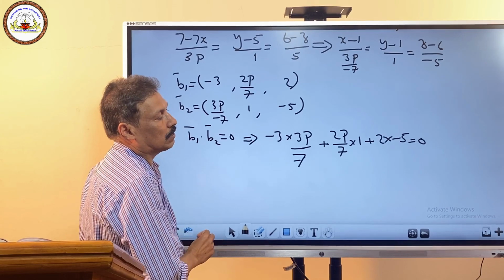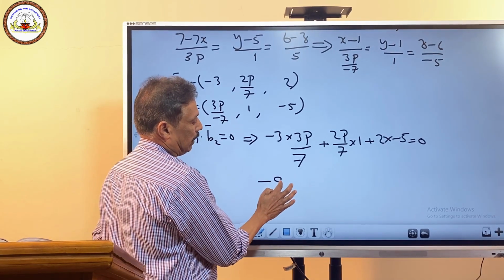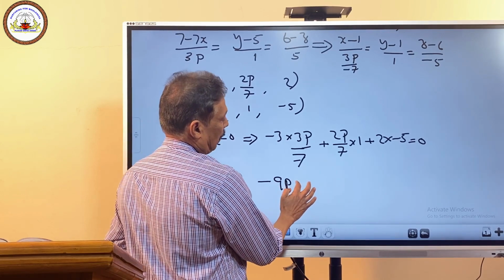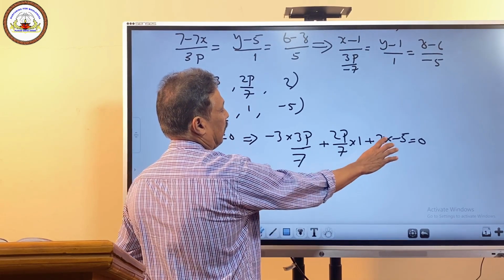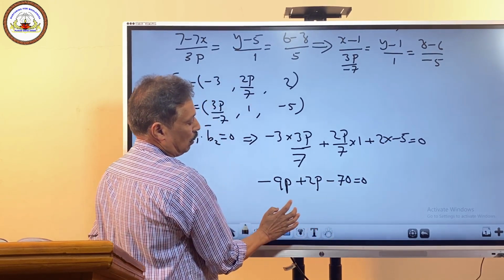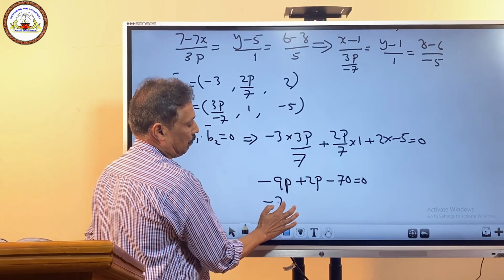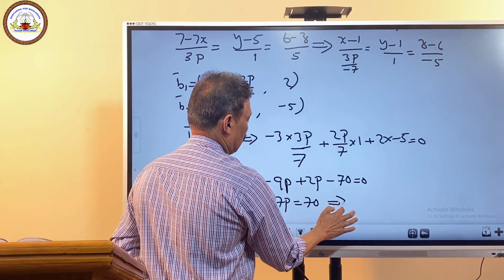Simplifying, first multiply by 7: 9p plus 2p minus 70 equals 0, that is 11p equals 70.